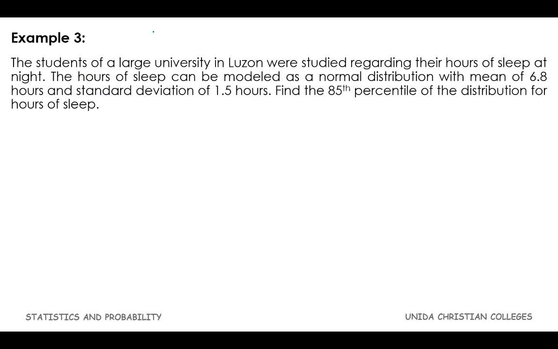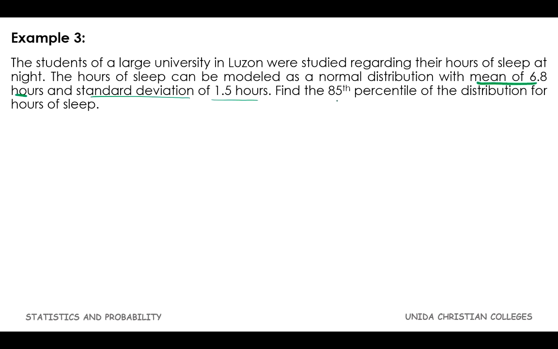Next. The students of a large university in Luzon were studied regarding their hours of sleep at night. So, yung mga estudyante sa isang university, inaral nila yung ilang oras sila natutulog tuwing gabi. The hours of sleep can be modeled as a normal distribution with the mean of 6.8 hours and the standard deviation of 1.5 hours.